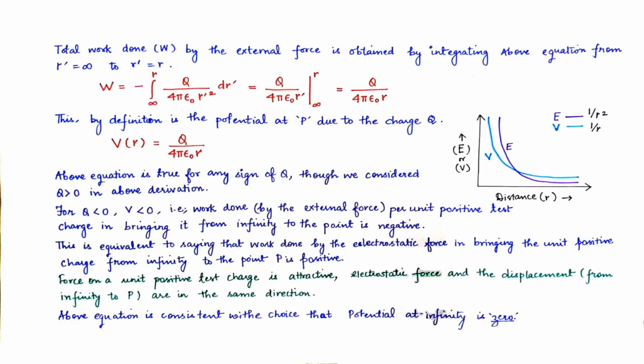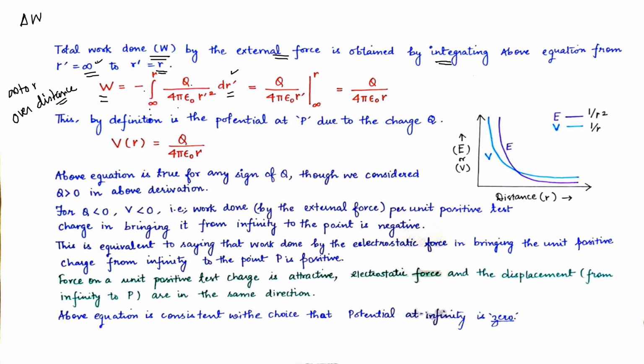Now the total work done. Previously we have defined del W. Now the total work done W by the external force is obtained by integrating the above equation from infinity to R. Our test charge was previously at infinity, and now we need to bring it to the position R. So we will integrate it from infinity to R. W equals minus of integral from infinity to R of Q by 4 pi epsilon naught into R dash square into dr. We are integrating it over distance or position.